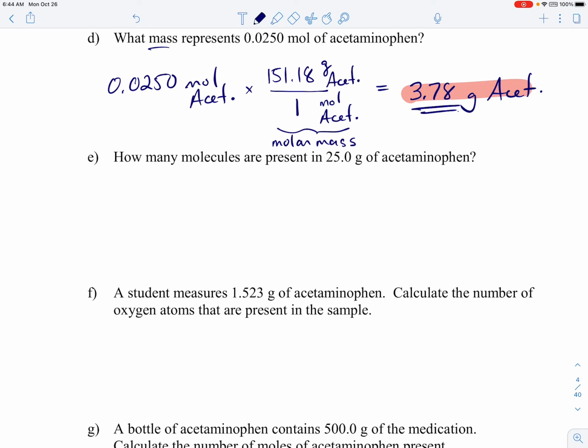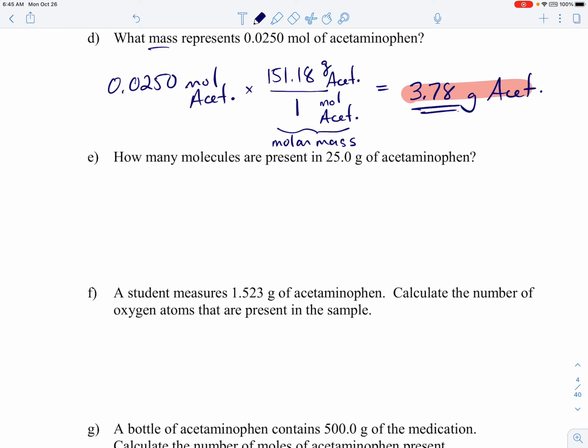Question E, how many molecules of acetaminophen are present in 25.0 grams? Just stop and think about that for a minute. If you had a 25-gram sample of acetaminophen, that's a lot of acetaminophen. 1 tablet of Tylenol has probably about half a gram.